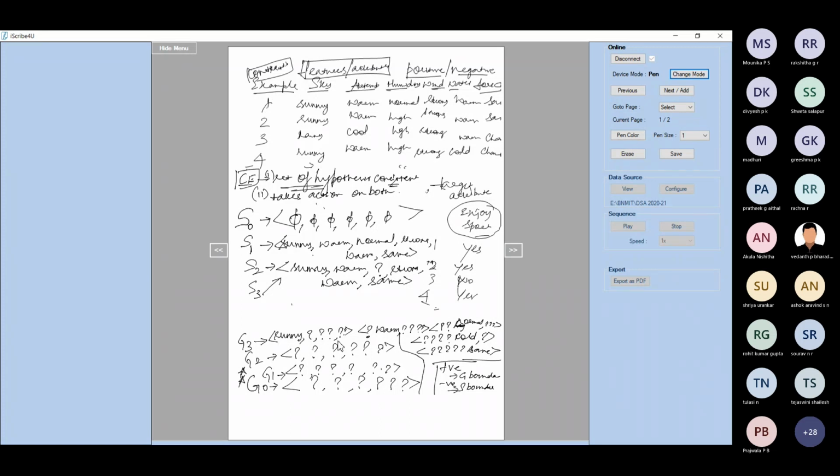Is sunny with all question marks consistent? Yes, they are consistent. Sunny with anything is consistent with x1 and x2. And warm with any possibility, that's also consistent. Is normal with any possibility consistent? Is this third hypothesis consistent with x1 and x2? It is not consistent, right?